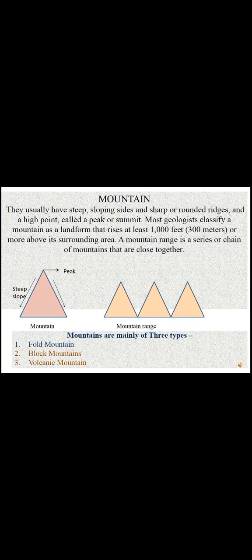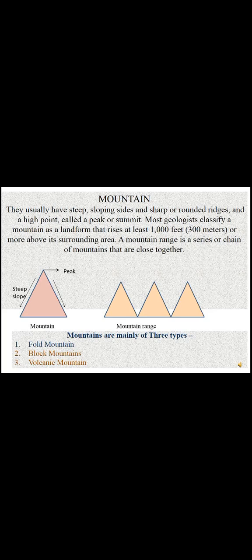Now come to the mountain range. When the mountains are arranged in a line and connected by high grounds, they form a chain-like structure, and that is called a mountain range.